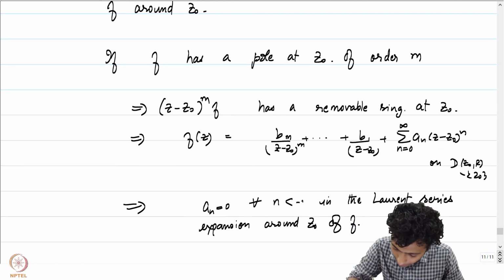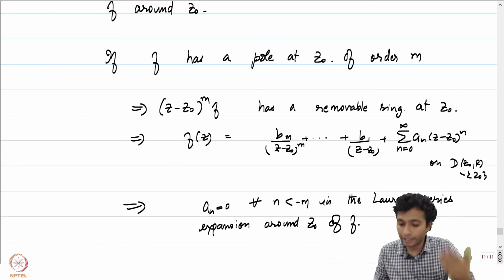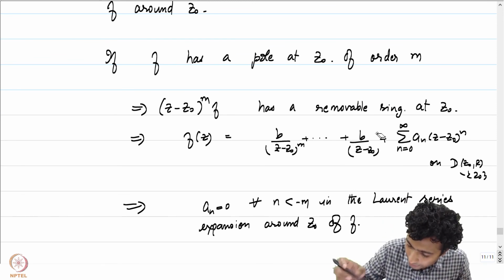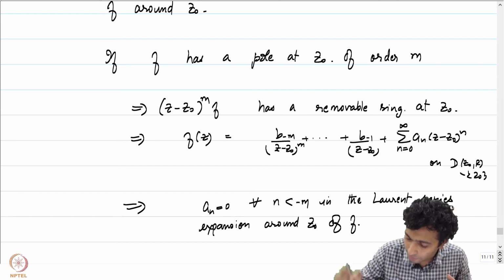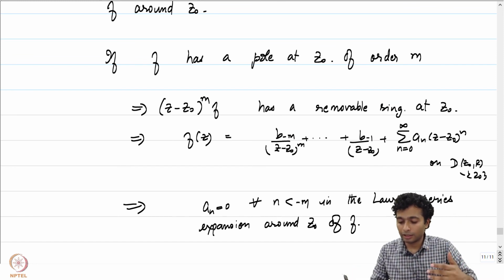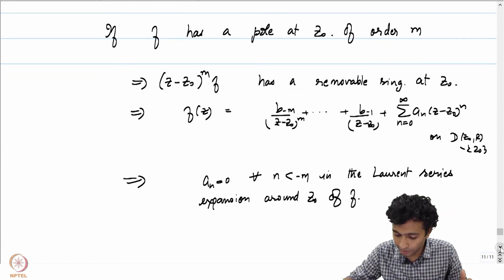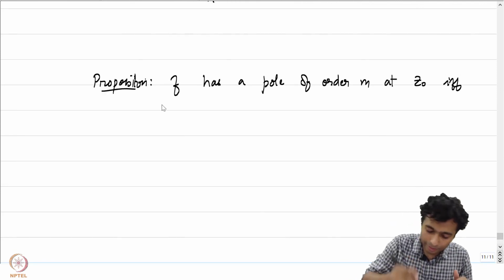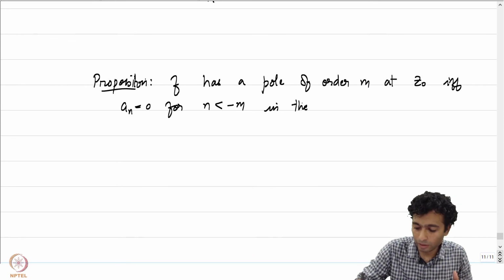So this is going to be minus m actually, because there were m terms which had a negative power. Even though I wrote this, maybe I should have been a little careful. I will write this as minus m minus 1, so that the fact that negative powers are being considered is captured. Here we are saying that a_n is equal to 0 for n less than minus m in the Laurent series expansion.